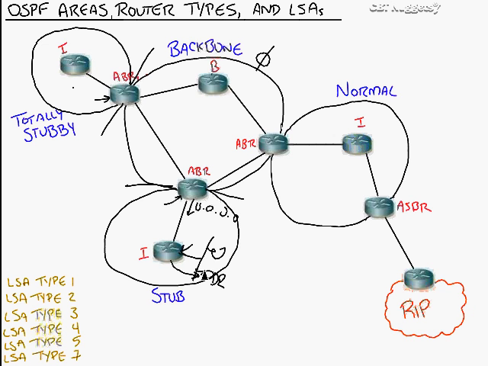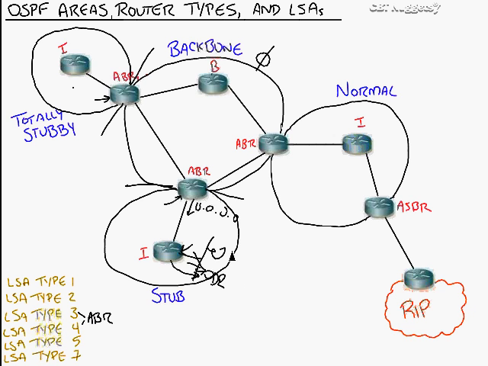So LSA type 1 and 2 are really just kind of normal updates. They're updates about areas and networks within those areas. So if this one went down, this router would send an LSA to its DR, and it would send it out to all other OSPF routers as an LSA type 2. LSA type 3 and 4 are different types of summary LSAs that are generated by the ABR.